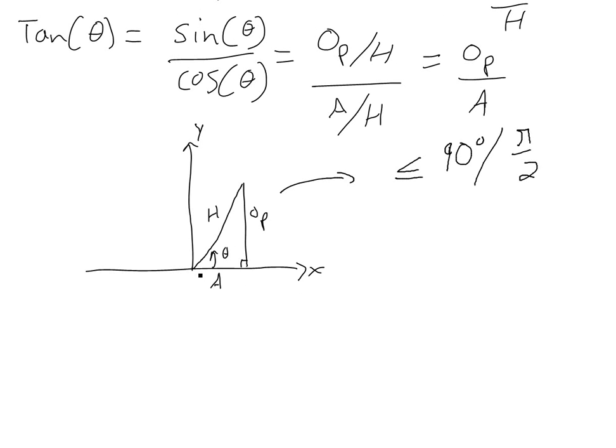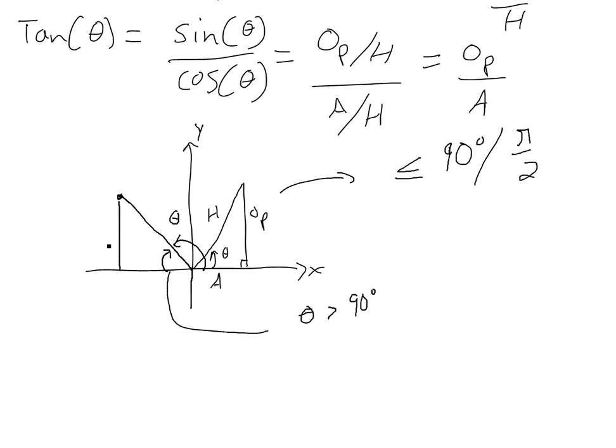But if it's greater than that, if we go to this side right here, and this is theta greater than 90 degrees, what we actually are supposed to do is look at the reference angle. Instead of doing it this way, we look at this angle.